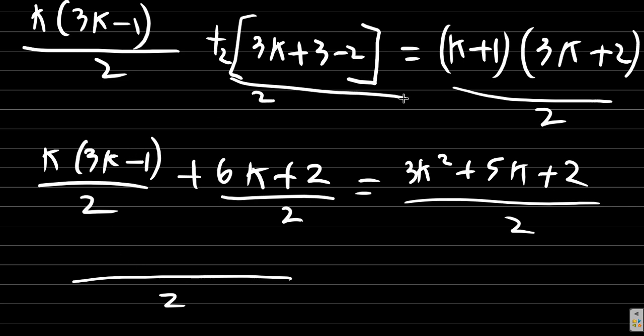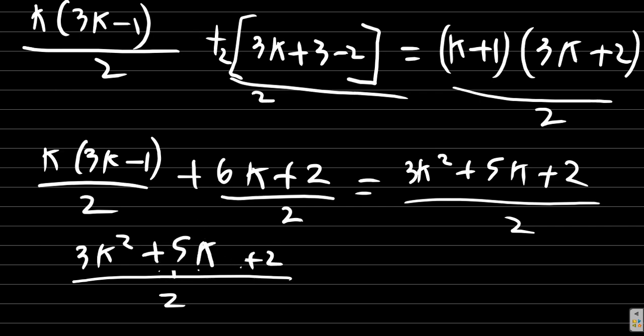So in order to not lose the 2 under, you could do this, and you have 3k squared minus k when you multiply 1 by k, right, plus 6k plus 2, but negative k plus 6k is positive 5k. So in the middle here you write plus 5k.